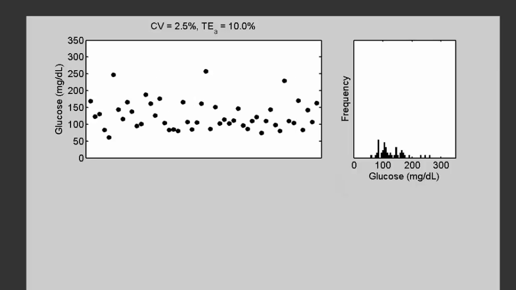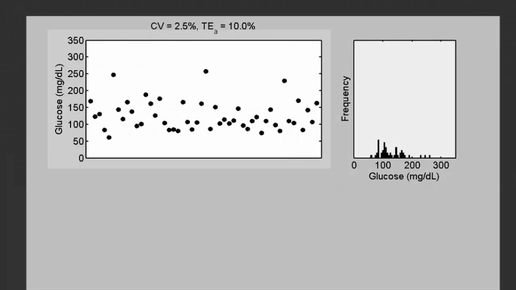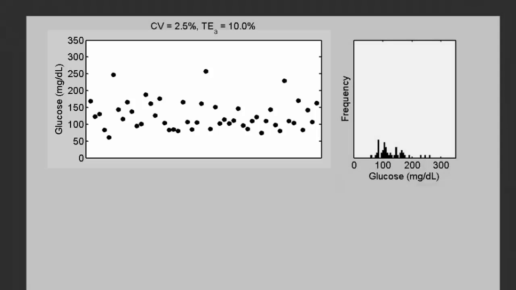We expect results to be evaluated over time. Here we can see the distribution of results. In this case, they range from about 50 to 300. We recognize that the results we are recording are not perfect, and that each result has some degree of uncertainty associated with it.